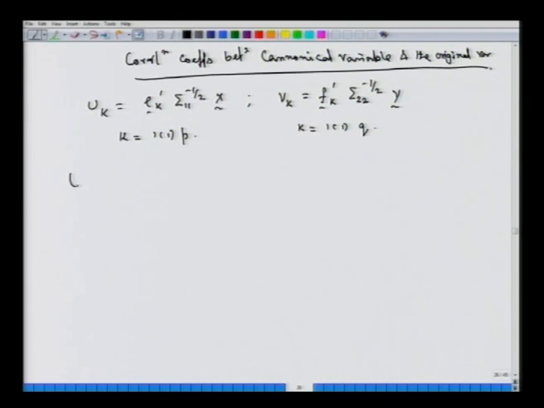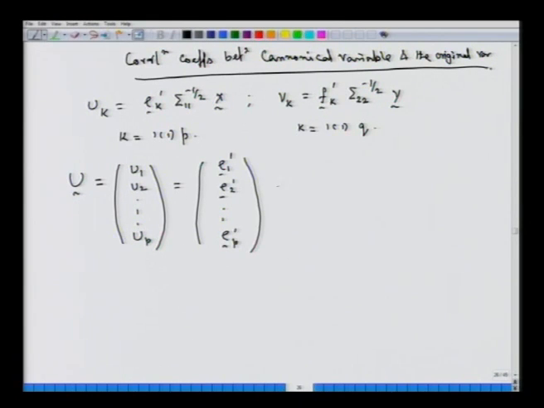So, if we look at the u vector, the vector containing all the first components of the canonical variable pairs, this is u1, u2 up to up. This is going to be given by this simple matrix, which is E1 prime, E2 prime, up to EP prime, that times sigma 11 to the power minus half times x, right.